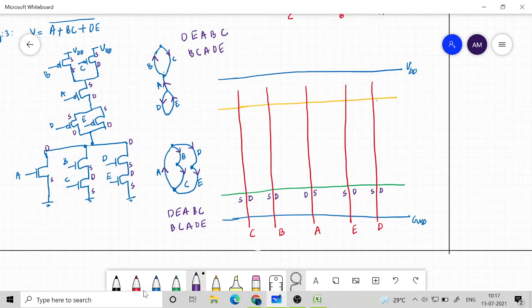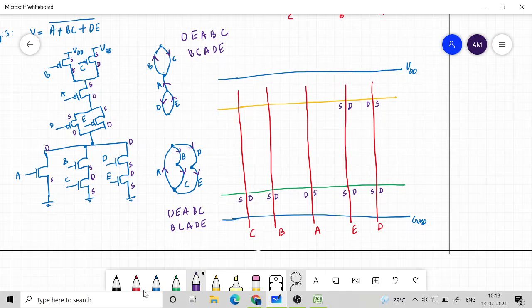The sources of E and D are shared. This is the source. No. So let's make it drain. So let's take this as source and this as drain. So this is the source of drain of E, and then this will be the source of E.